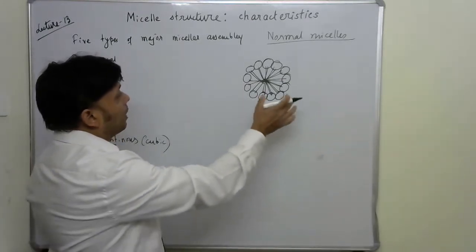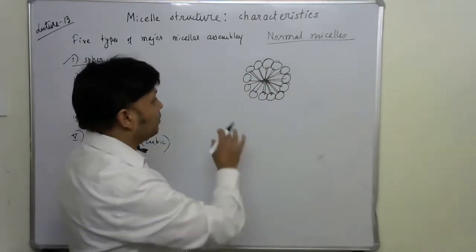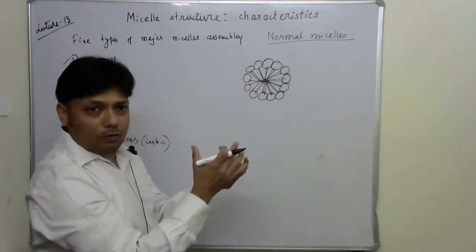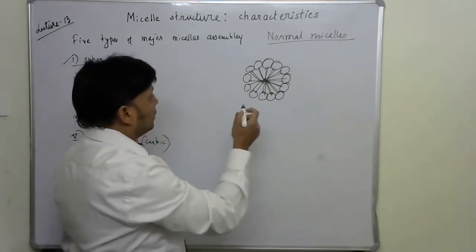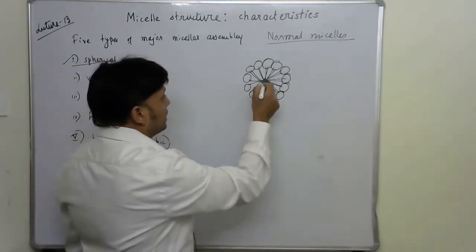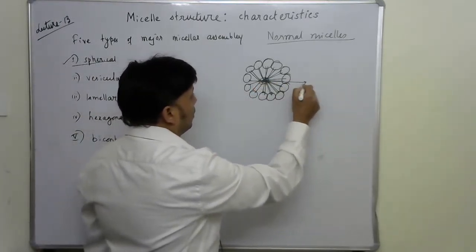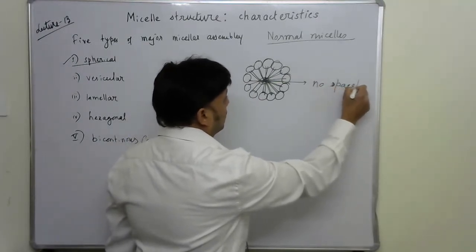So for the spherical micelle, this can be regarded as a cross section of the micelle. It is all around like a flower, spherical. One very important feature is that inside, in the core, there is no space. That means the inside is not empty.